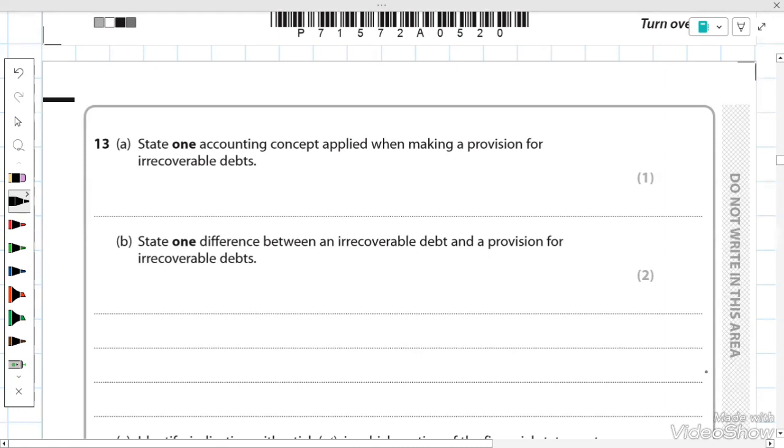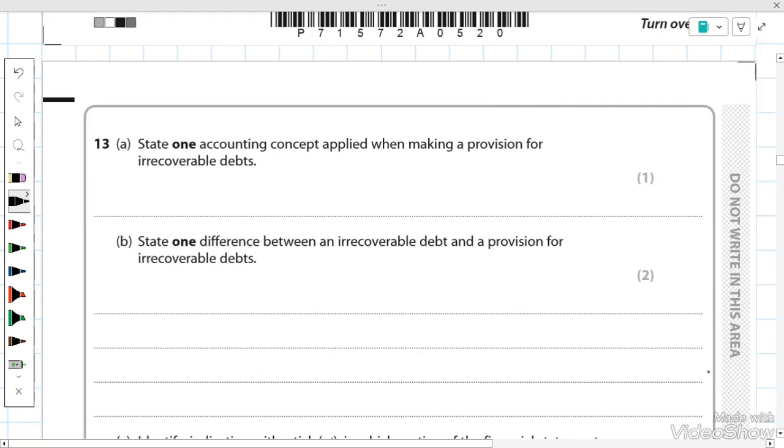So if prudence says that you should not overstate your profits, it means that you should record your expenses. If you have a doubt that maybe next year your irrecoverable debt would be high, you will always try to set a high percentage on your irrecoverable debt as your provision.